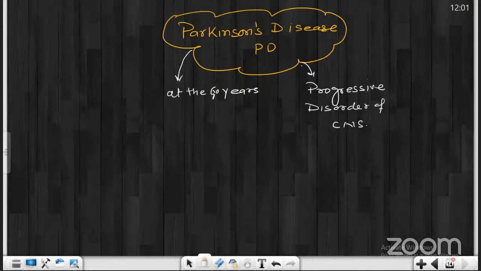There is a decrease or degeneration of dopamine producing neurons.